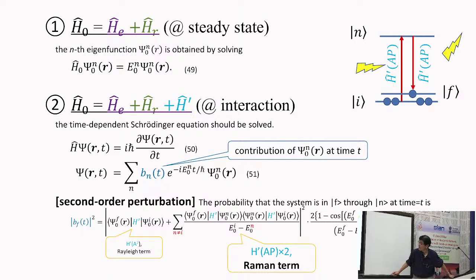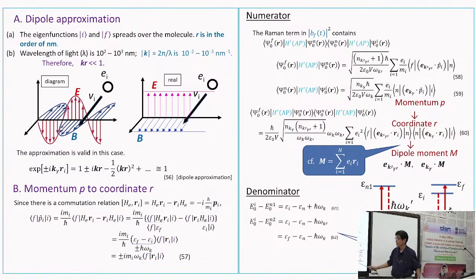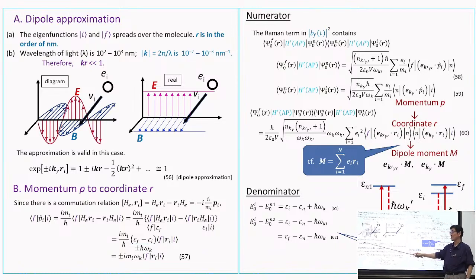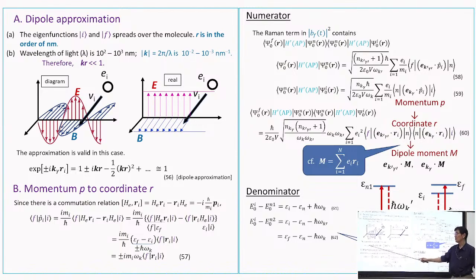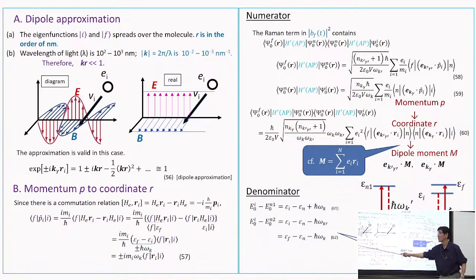Then what happens? Later it appears. But when we consider the exponential function, exponential plus minus ikr, then kr is much smaller than 1. Then it's possible to expand in this way.